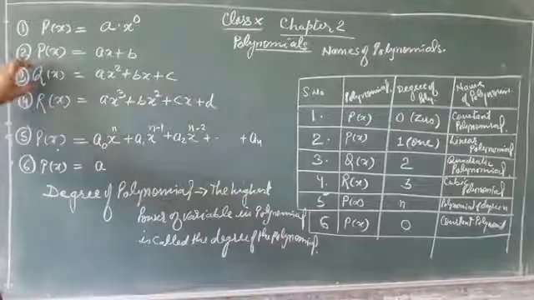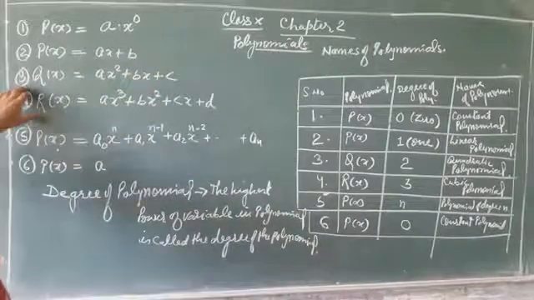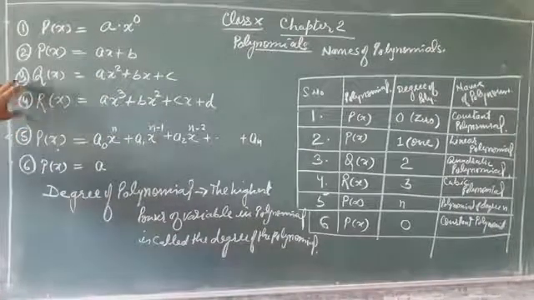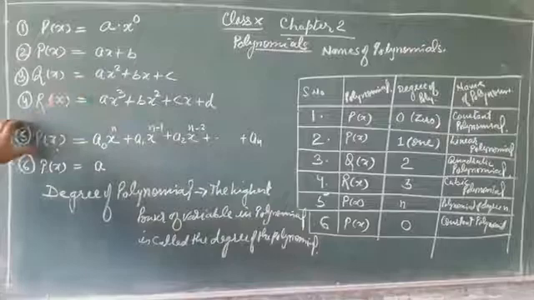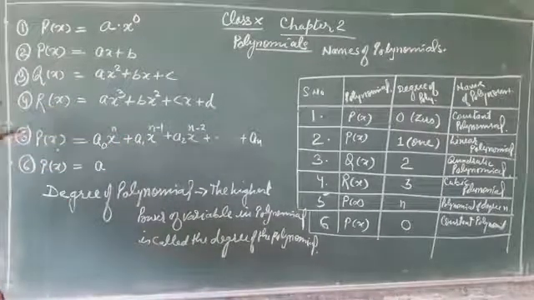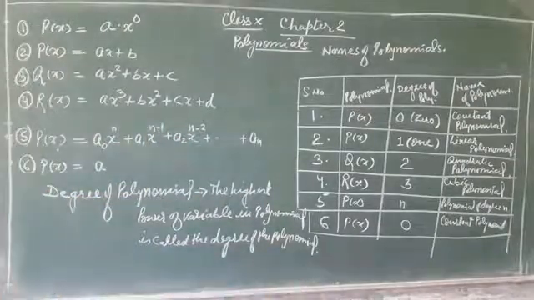So this is called the quadratic polynomial, and the highest power of this polynomial is 3. So we call it cubic polynomial, and the highest power of this polynomial is n. So we call it a polynomial of degree n. So this is the basic information about polynomials.